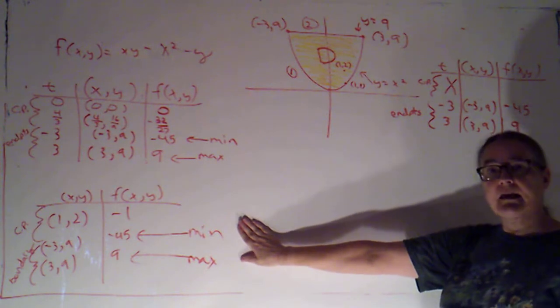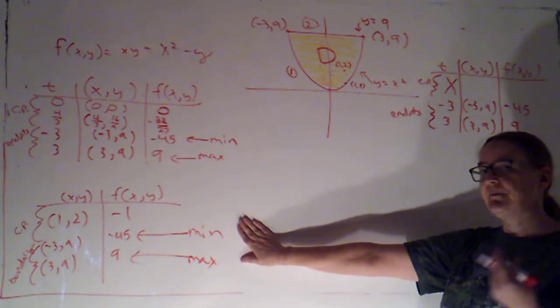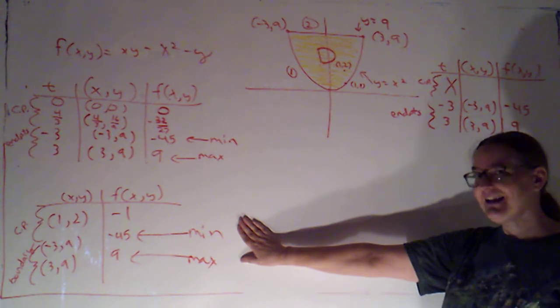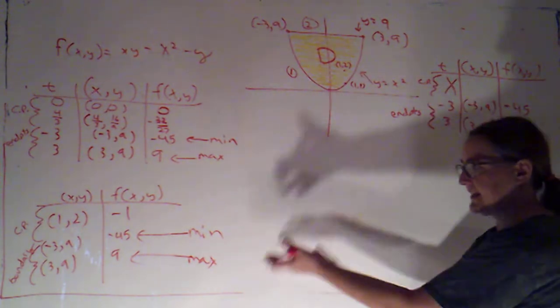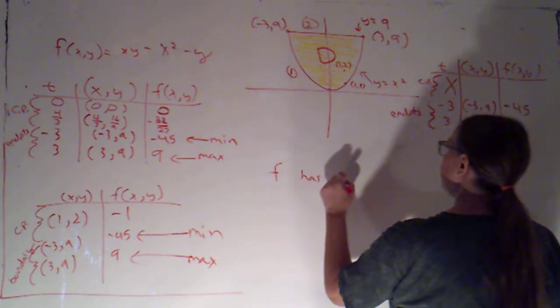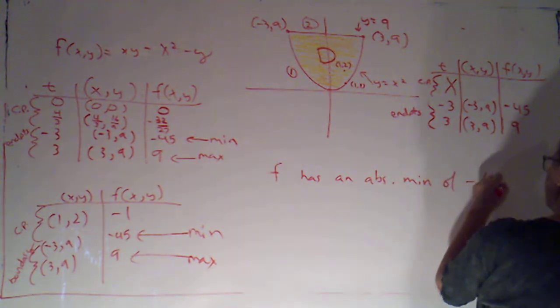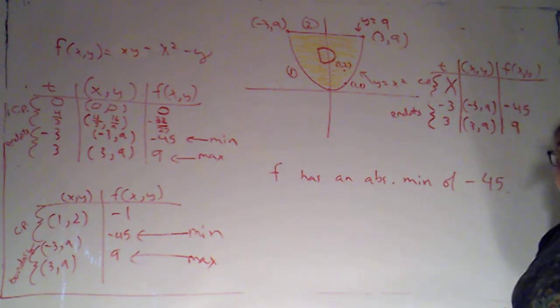Now, simply labeling things like this is not answering the question that I asked, because I asked for the location and the value. That doesn't make this clear. So I would write out f has an absolute min of negative 45. That is the value of the min.